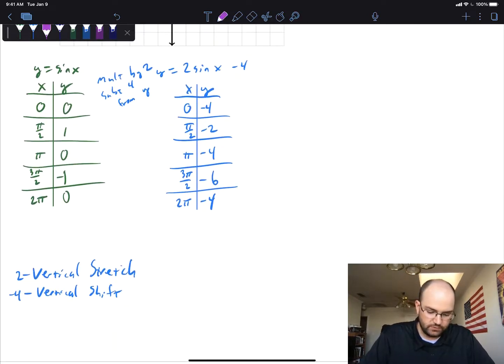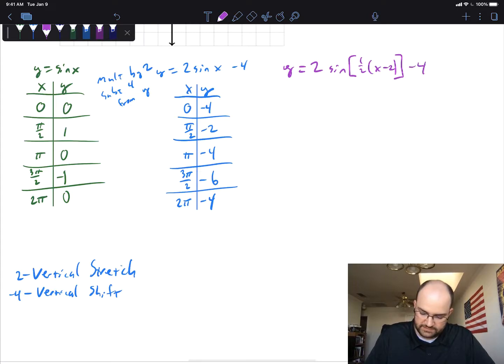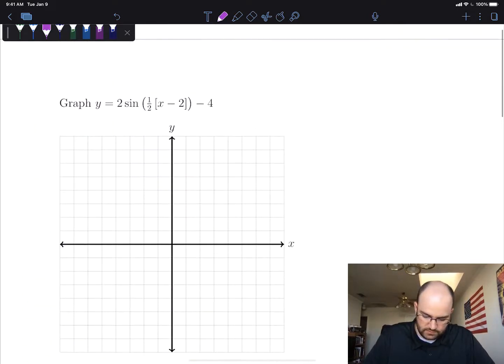So let's do that. That gives us the final table of 2 and then sine of 1/2 x minus 2 and then minus 4. Now this actually is missing something here. I don't want a 1 there.